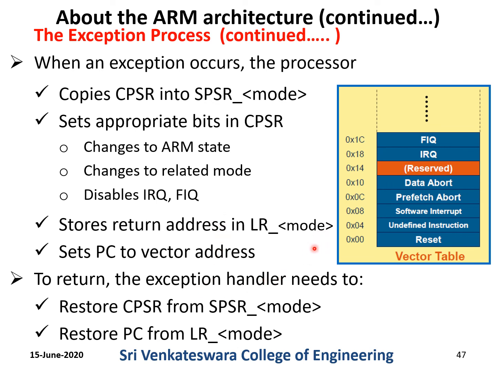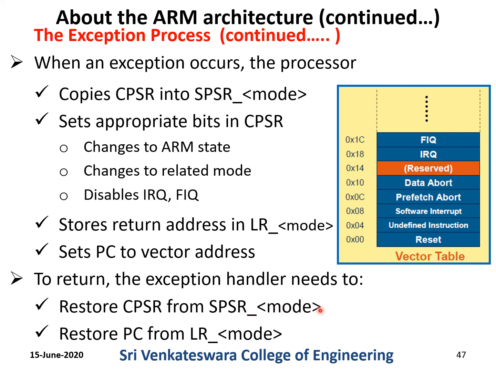Now once the exception is handled, or after the interrupt subroutine is executed, the processor has to return to the previous state. For that, the exception handler or the interrupt handler should restore the CPSR register from the SPSR register of the particular mode.